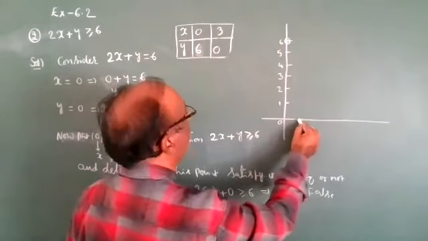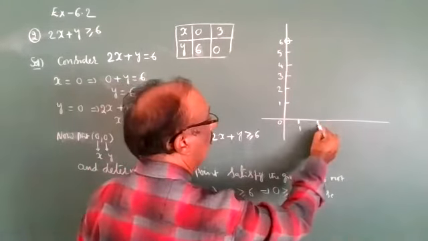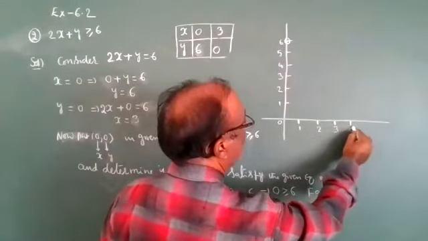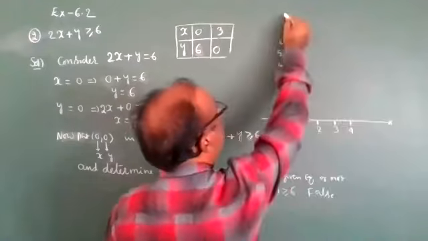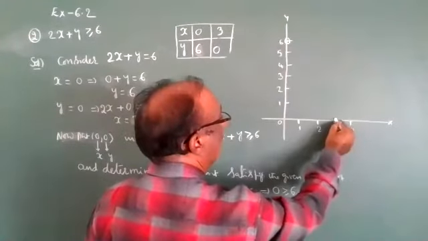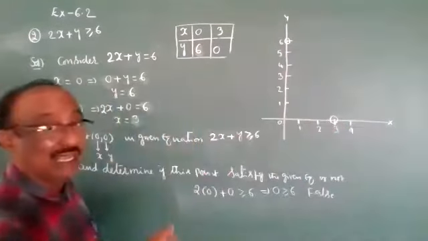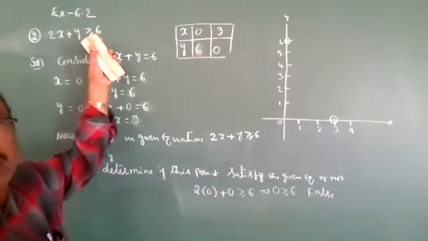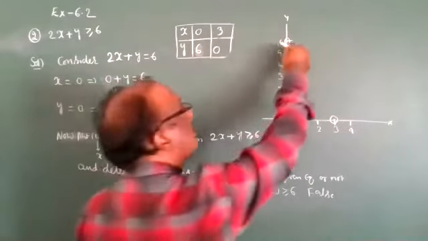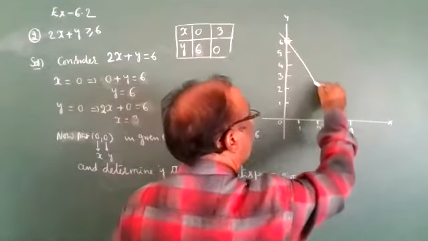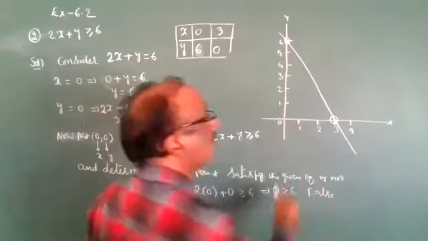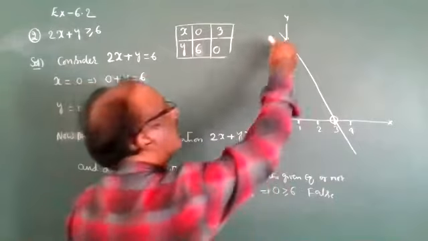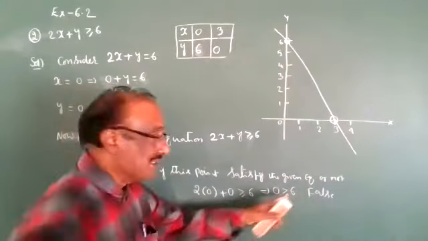This is the 0, 1, 2, 3, and this is the x-axis, the point 3, 0. Greater than or equal is given, so equal is included. That's why draw a straight line. Everyone draw the straight line.